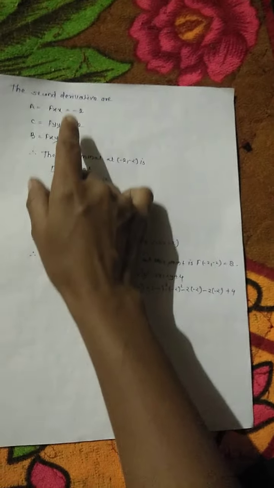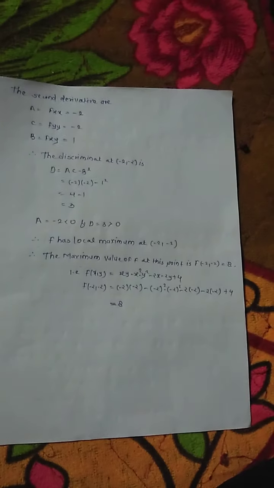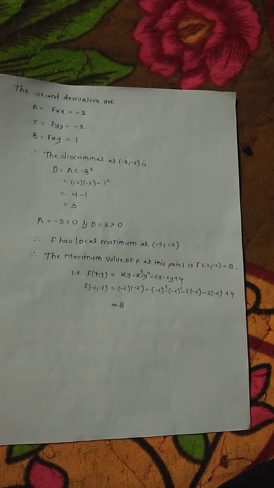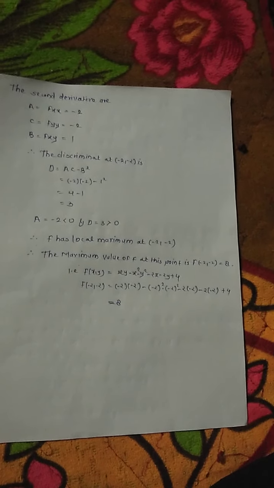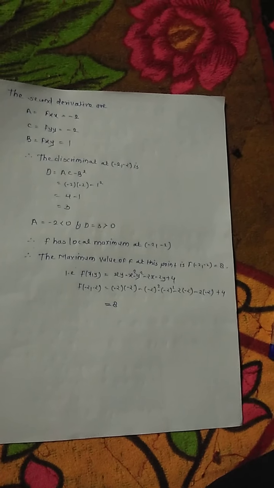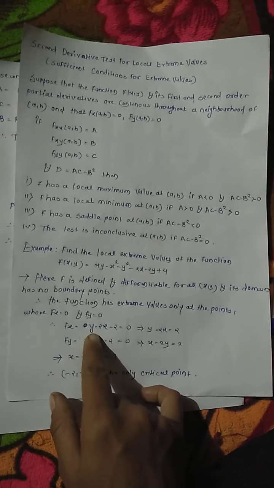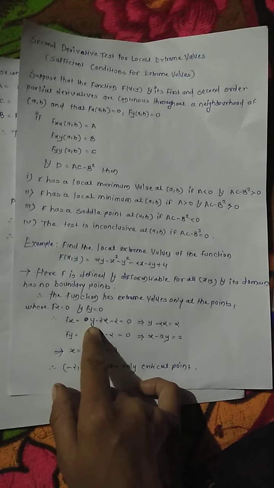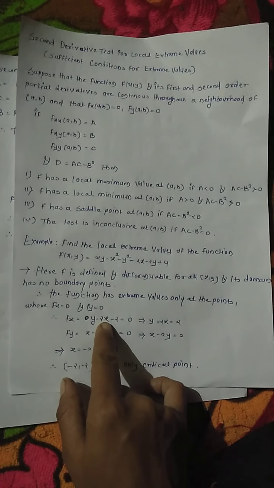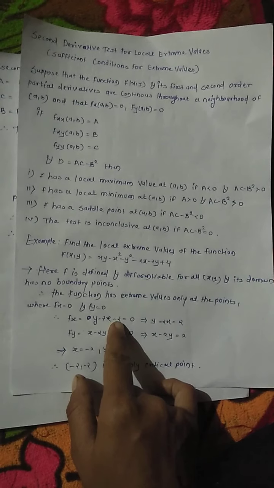Next, the second derivative test. Taking the derivative of fx with respect to x, there is no x in y, so the derivative of y is 0. The derivative of minus 2x is minus 2, and the derivative of minus 2 is 0.